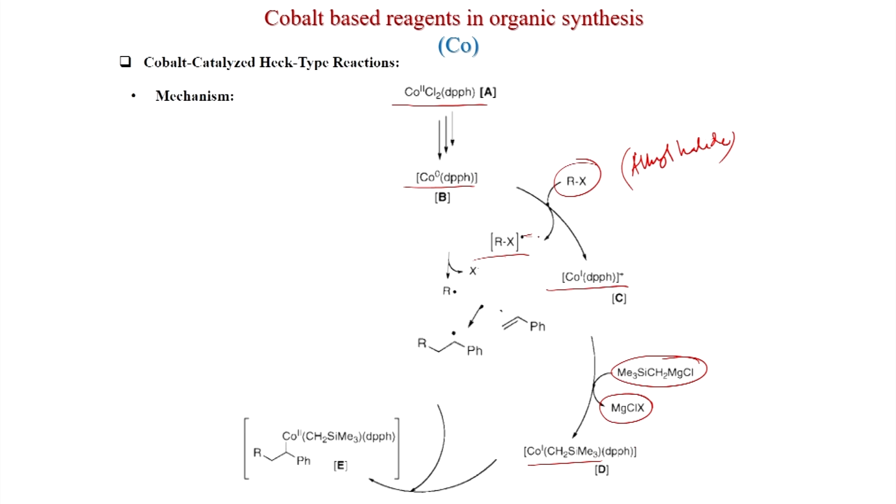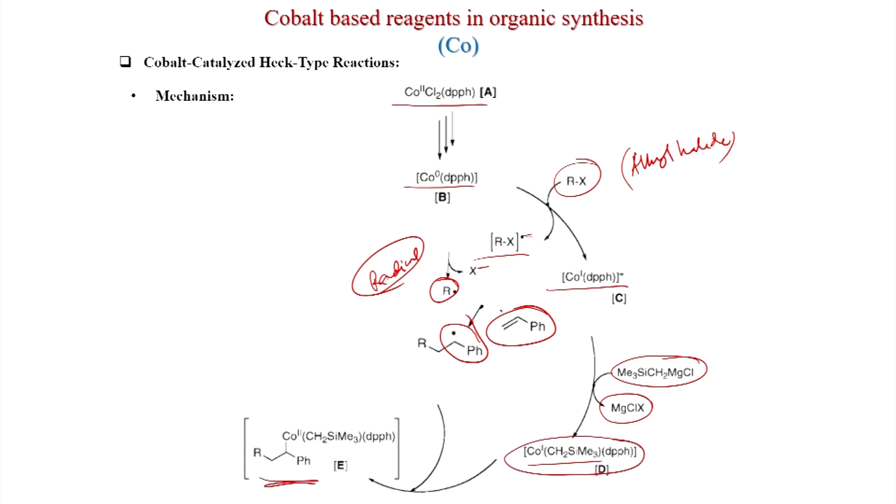Now, this RX radical anion, after elimination of X minus, generates R radical, and that will attack the styrene. It attacks regioselectively at this carbon, so that this radical will be stabilized by the phenyl group. So, that is the benzylic radical, and now this radical will react with the cobalt 1 system to generate this.